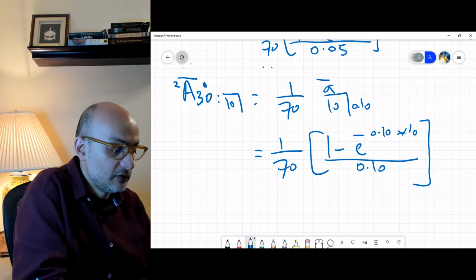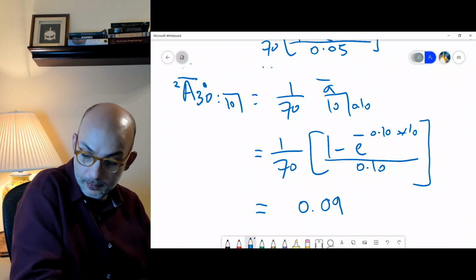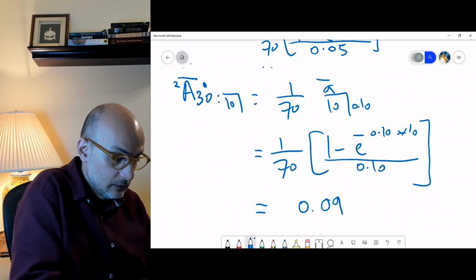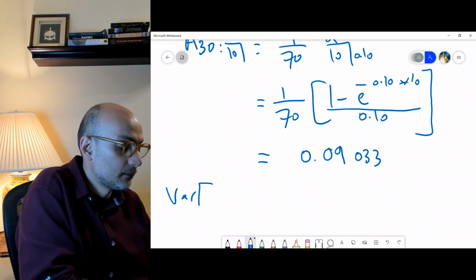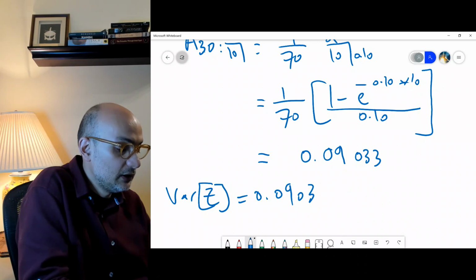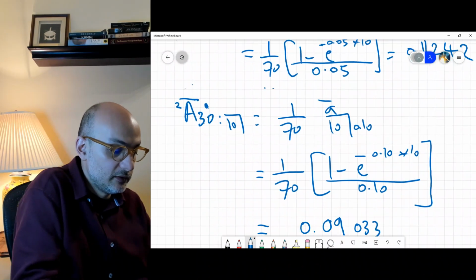If you do this, you should get 0.0933. What if you wanted to find the variance? It will be 0.0933 minus this one raised to 2.